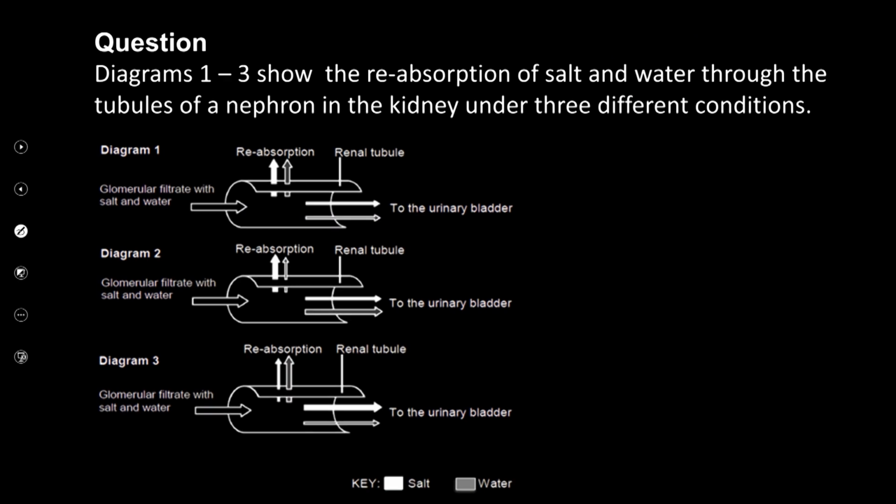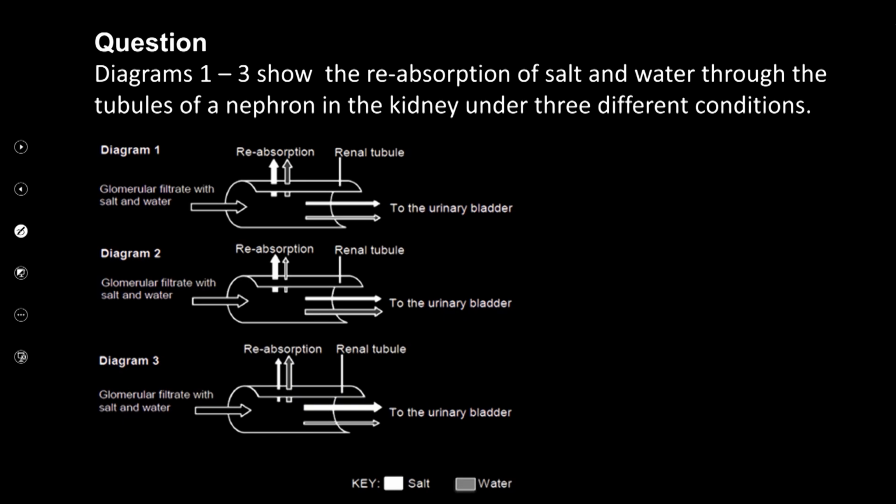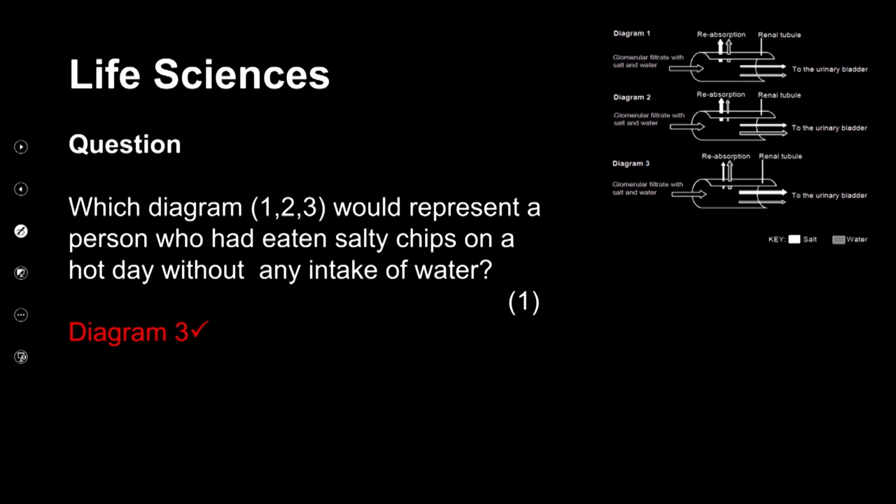Then the answer for this one will be diagram number 3. Why diagram number 3? Because when we look at diagram number 3 here, this person ate salty chips and did not take water, and it was hot.